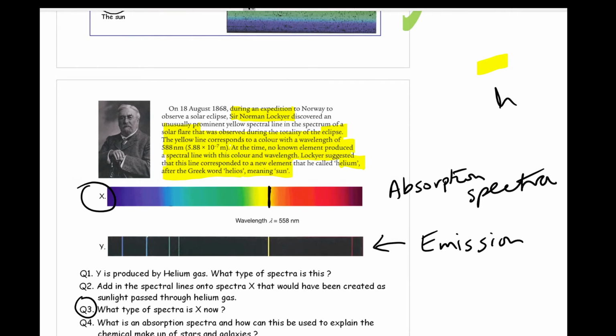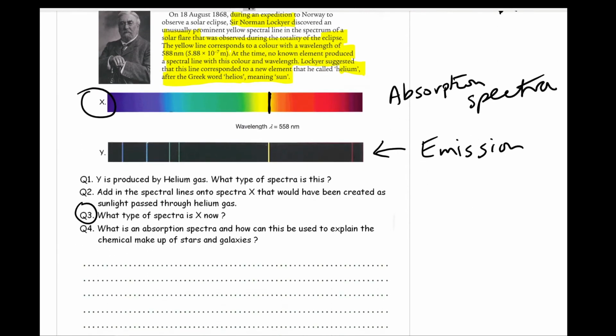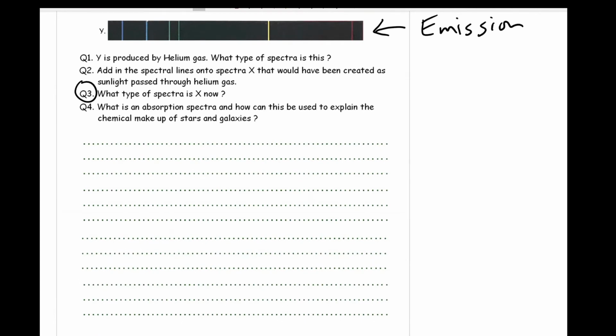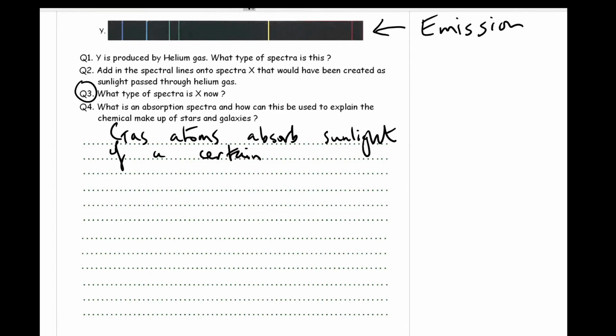Question 4. What is an absorption spectra and how can it be used to explain the chemical makeup of stars and galaxies? Well, gas atoms absorb sunlight, or the light from galaxies, of a certain wavelength.